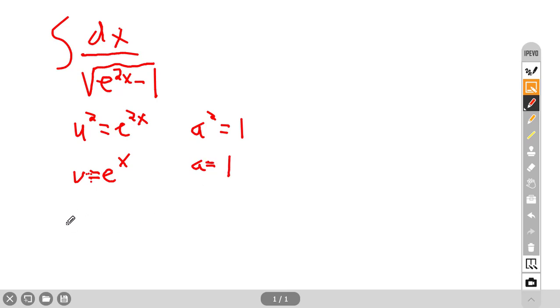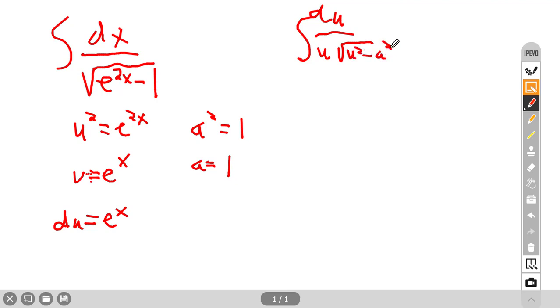Now the derivative of e to the x is just going to be e to the x. So remember, your integral of the arc secant matches up with du all over u times the square root of u squared minus a squared.